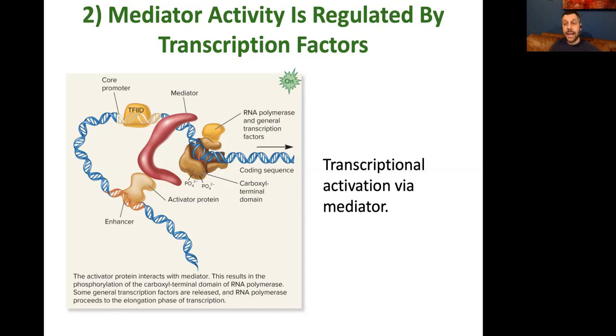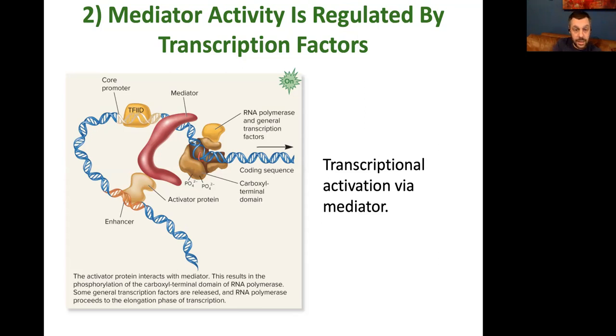So an enhancer sequence can recruit an activating transcription factor, and its job is to help the mediator form this big, stable complex with transcription factor 2D, RNA polymerase, and other general transcription factors, as shown here. This whole massive bunch of proteins is required for transcription to occur.